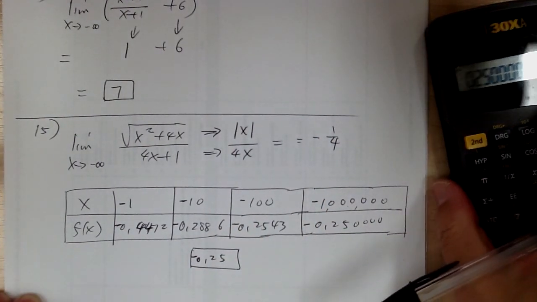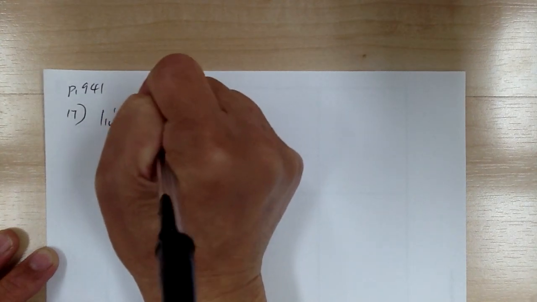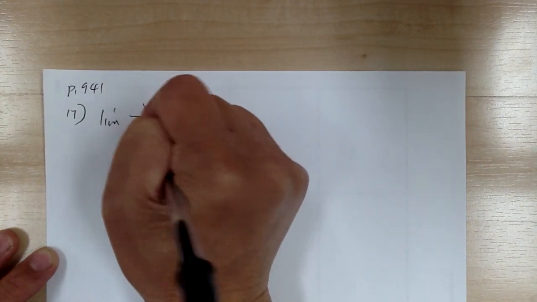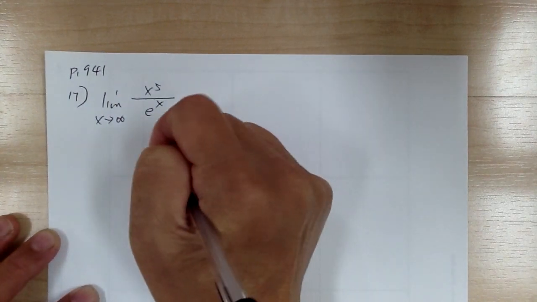Okay, let's go to number 17. You're looking for the limit of x to the 5 over e to the x as x approaches infinity. So you can make a table.